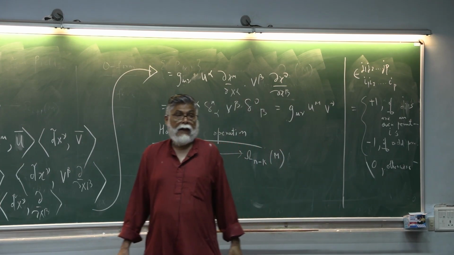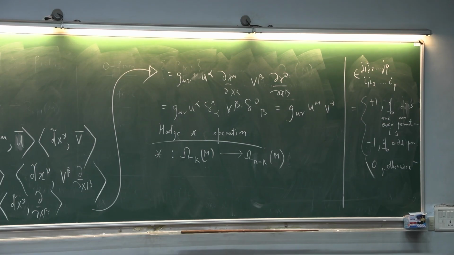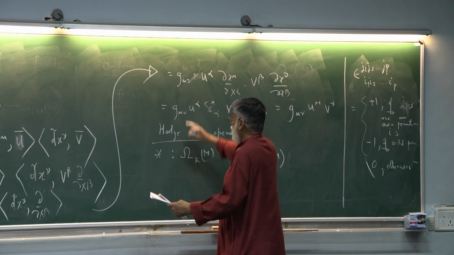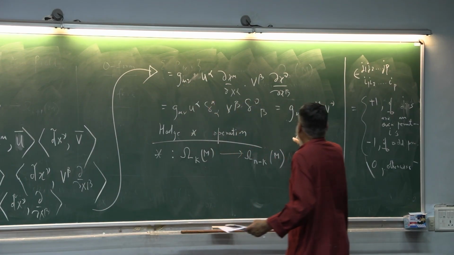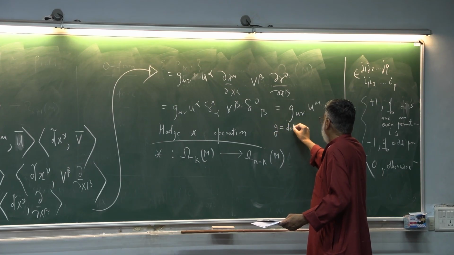Okay. And the Hodge star operation, with all indices, I must not make a mistake, because details are important in the definition of the Hodge star operation. So remember, we have a metric and we will define this g to be the determinant of the metric.